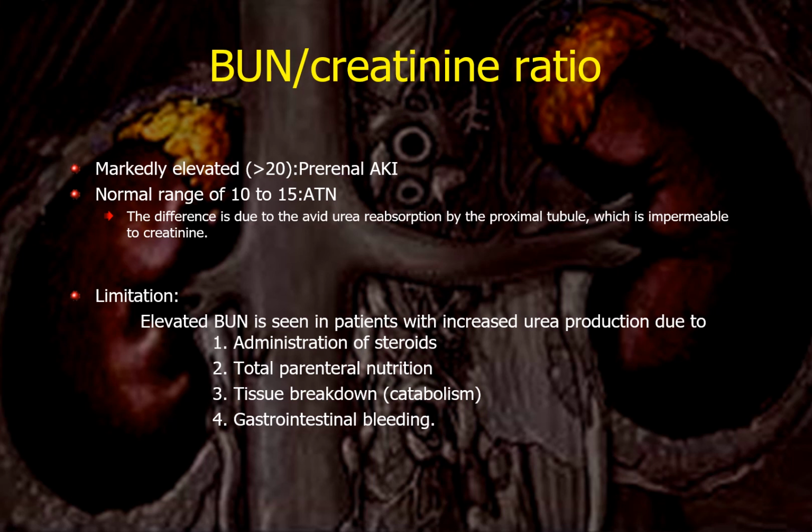The difference is due to the avid urea reabsorption by the proximal tubule, which is impermeable to creatinine. However, a limitation of this formula is that it cannot be applied to patients with increased BUN production due to administration of steroids, total parenteral nutrition, patients having tissue breakdown or massive catabolic state, and gastrointestinal bleeding.